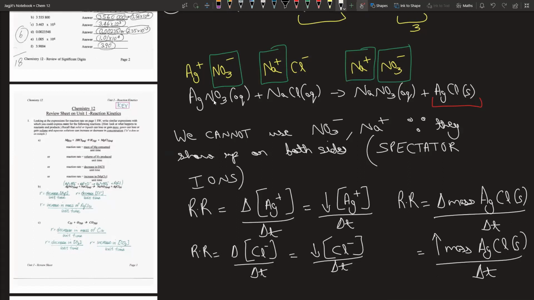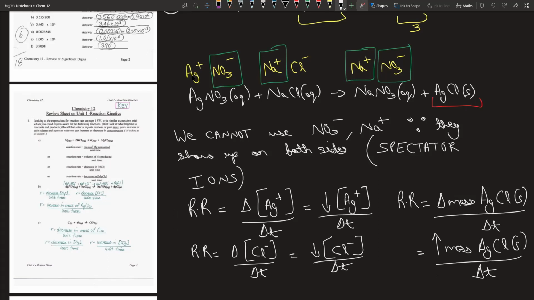Whenever you have a bunch of different ionic compounds combining to form another ionic compound, always ask yourself if you have any spectator ions. You won't use your spectator ions. Ag plus was aqueous here, Cl minus was aqueous, but then they went over there and formed a solid.